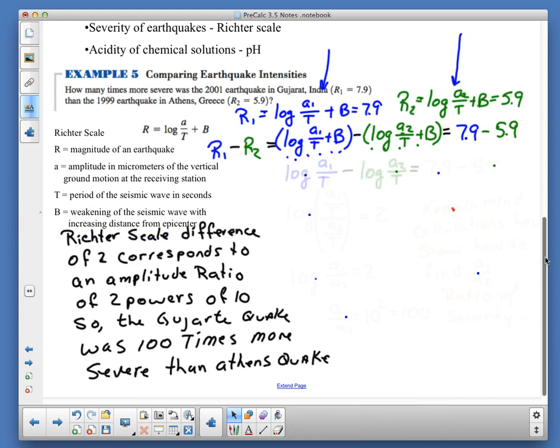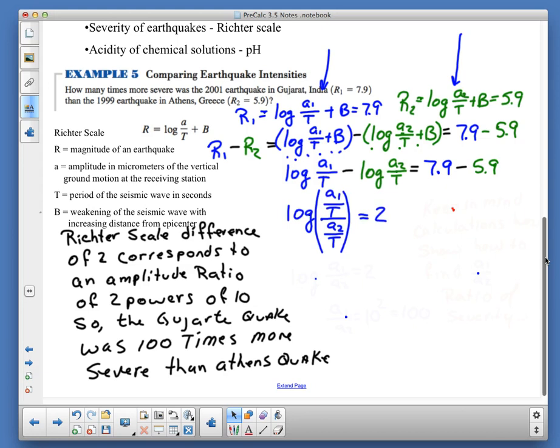But the idea of this is that they were going to talk about subtracting out a beta, because these logs can be grouped together, and we can have them be 7.9 minus 5.9, because our beta at the time we could say was 0. And we could finish this out by talking about our powers here, and that's still 2.